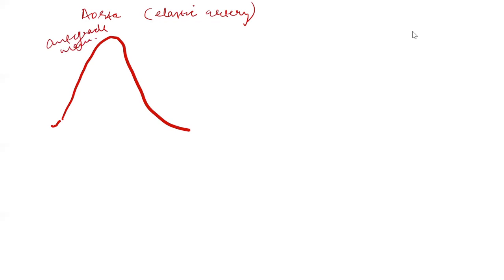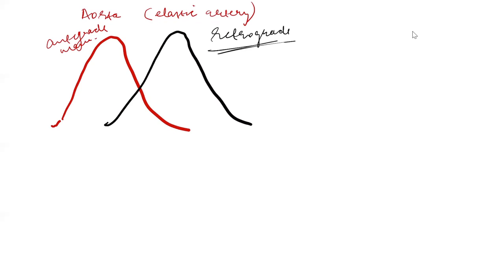Then we have the second wave, the retrograde wave, because of the recoil of the elastic artery. The point where they meet is in diastole, and when they meet in this phase, there is a slight increase in BP. This is a normal pressure curve.